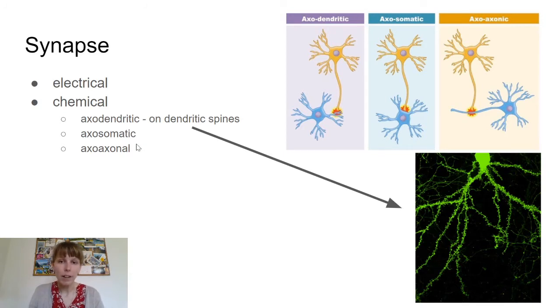And then there are other options. You can also have the axon terminal close to the body of the postsynaptic neuron. So that's axosomatic type of synapse, and the third type would be axonal. So the axon would actually be touching the axon of the next cell, not the dendrite or the body. So the second and third type would be more sort of modulatory.